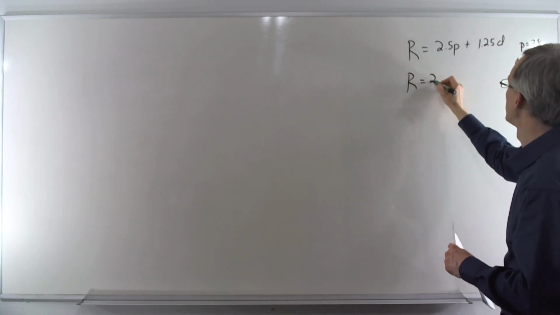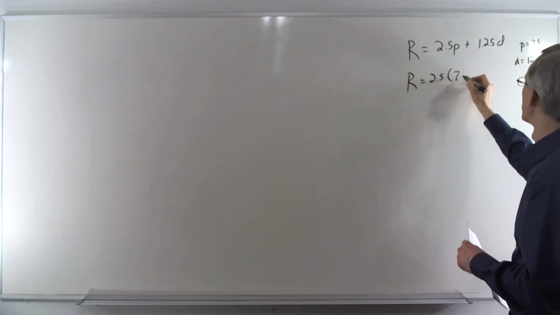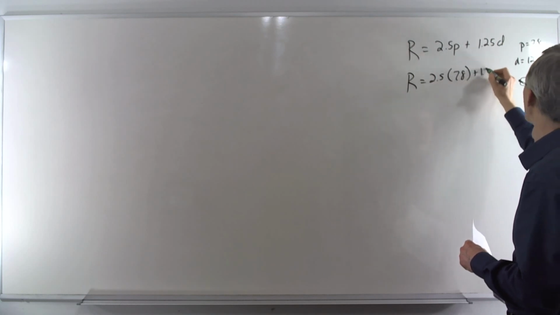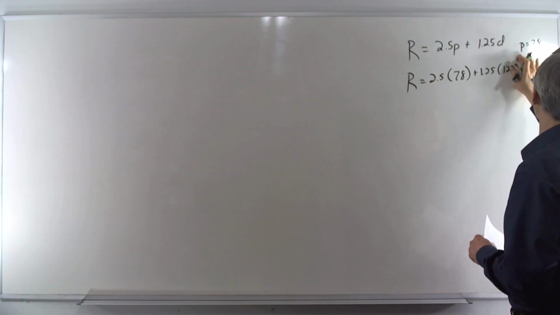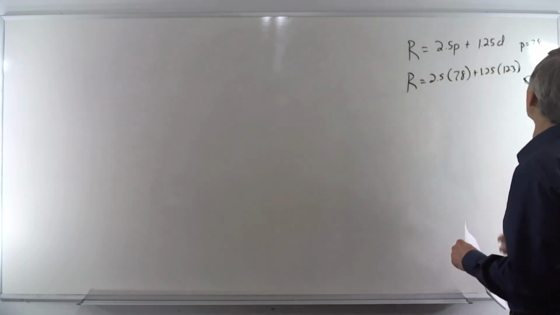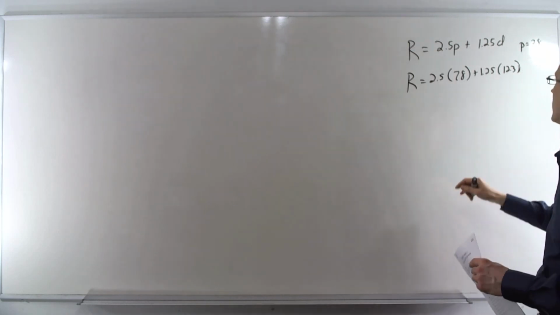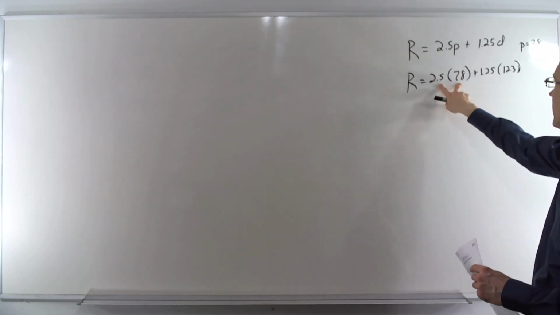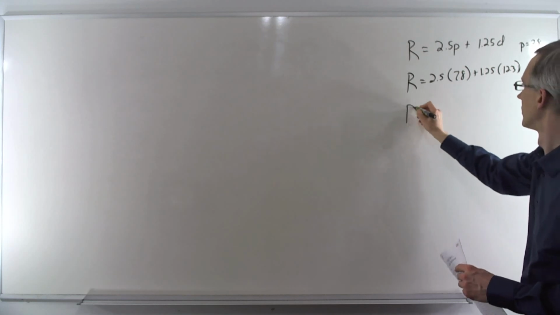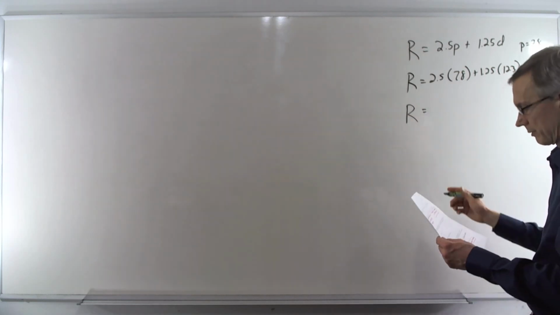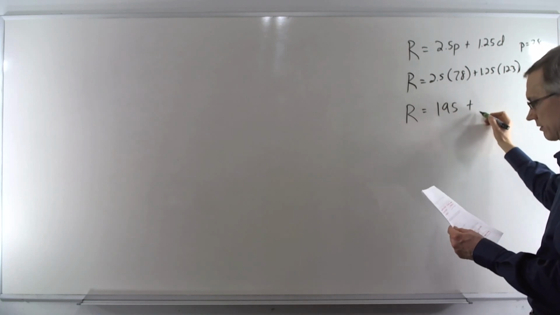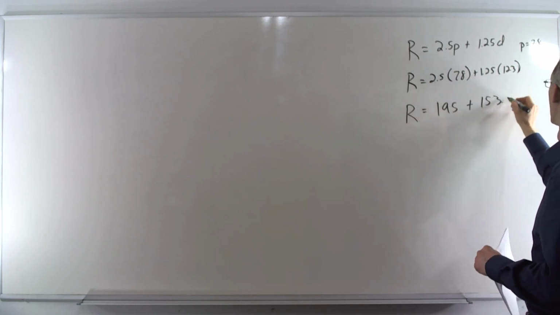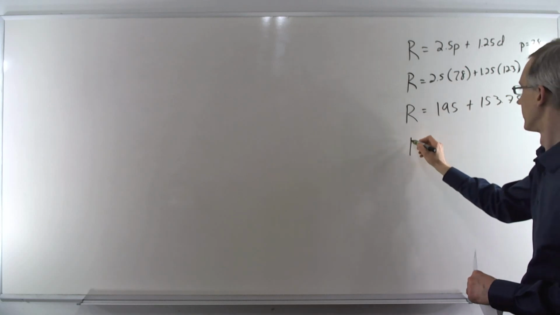R equals 2.5 times 78 plus 1.25 times 123. Now we'll go ahead and multiply here and here. And when we multiply that out, we get 195 plus 153.75.